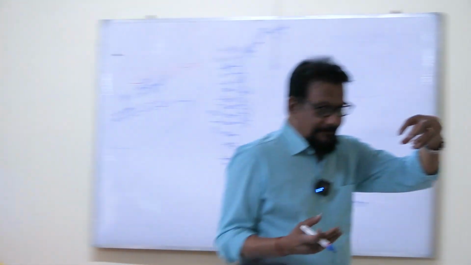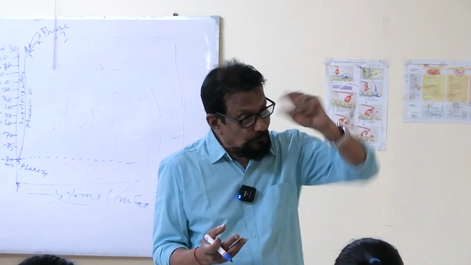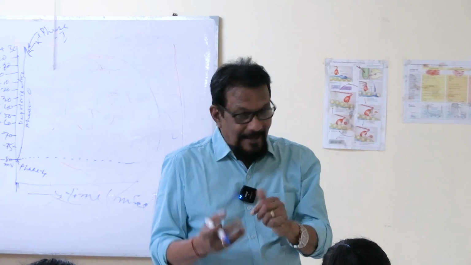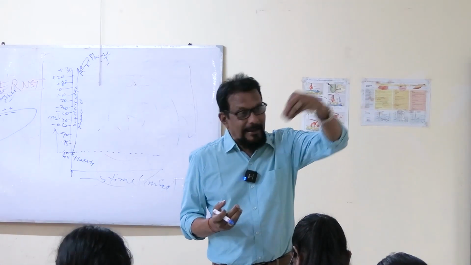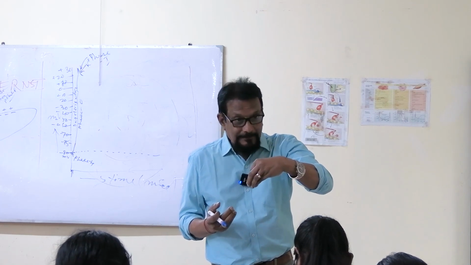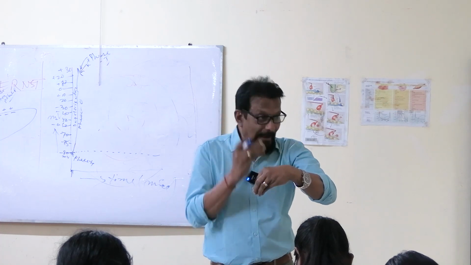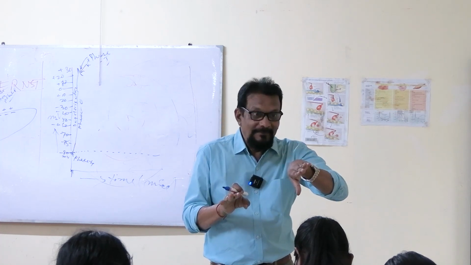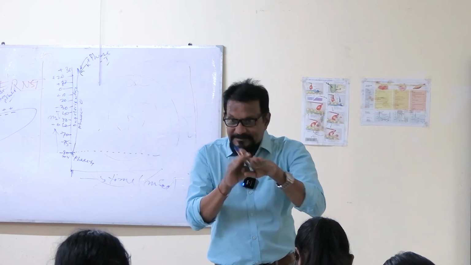Calcium ion is entering the cell from outside with its positive charge, and potassium ion is coming out with its positive charge. So the entry of positive charge by calcium ion and the exit of positive charge by potassium is the same.